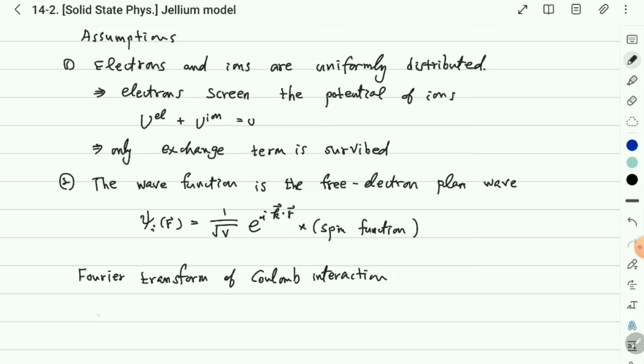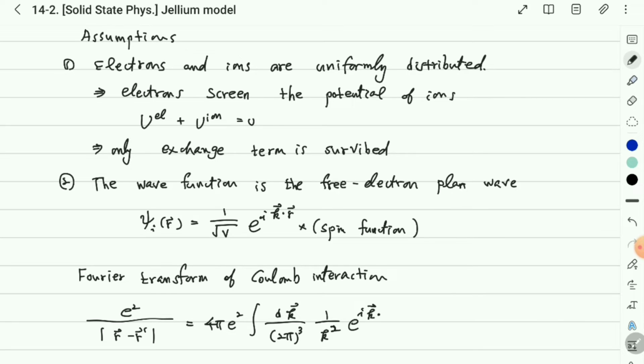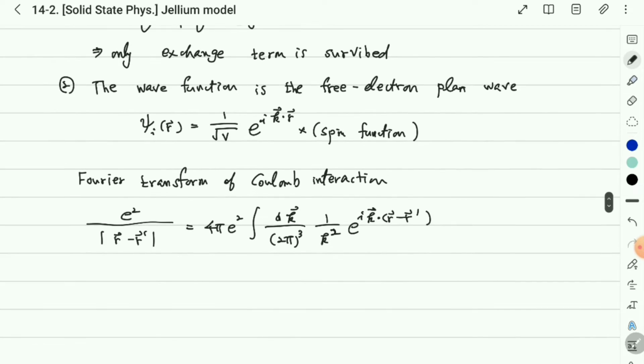The Coulomb interaction is e squared over |R minus R prime|, and its Fourier transform is 4 pi e squared times the integral of dk over (2 pi) cubed, 1 over k squared, exponential i k dot (R minus R prime).